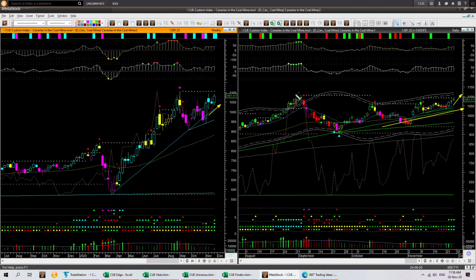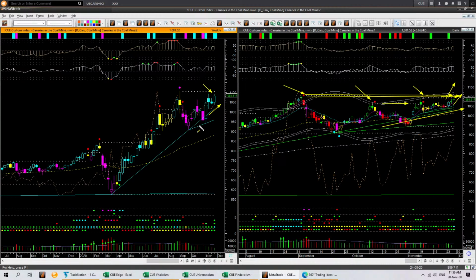If you look back, then we can see that there are multiple watermark resistance nearby. And canaries in the coal mine could not make a new high, like for example IWM could do. It is in a way moving in a range. At least the peak of the move is bound by multiple watermark resistance levels.